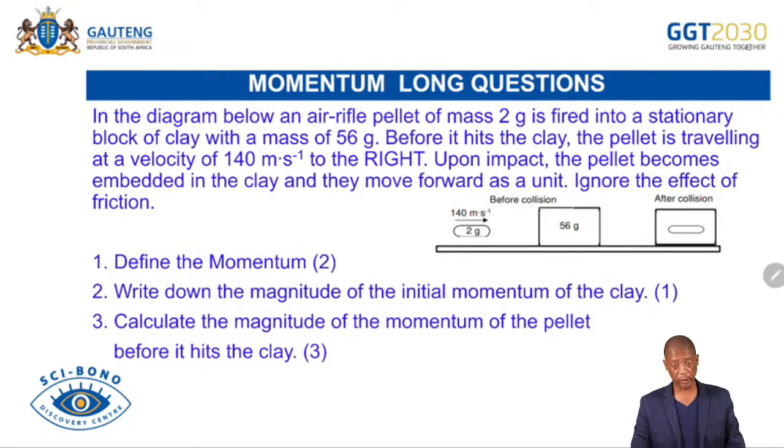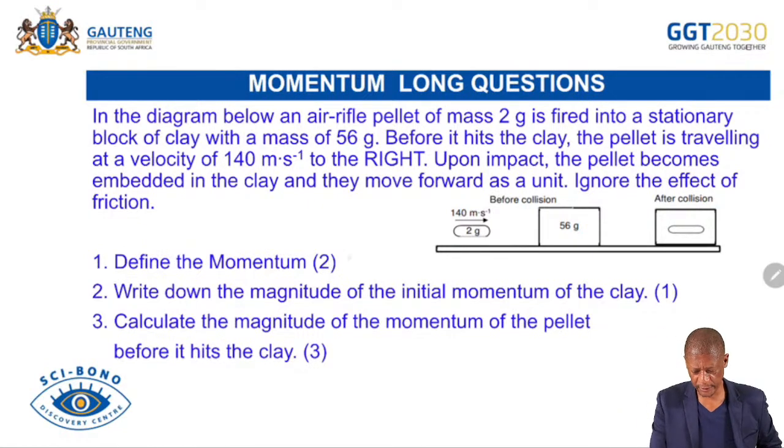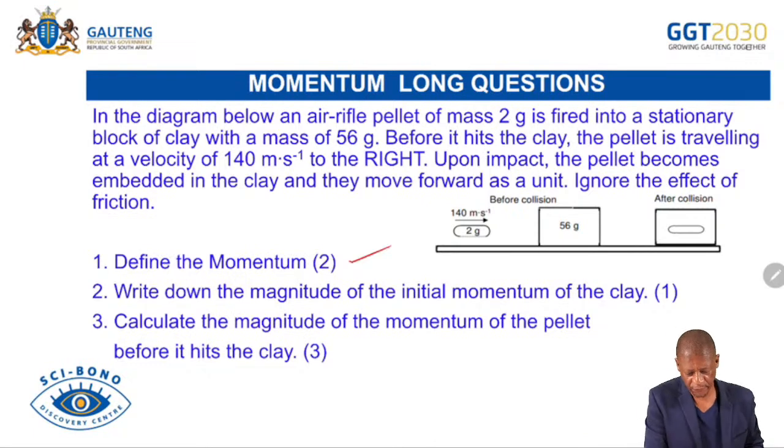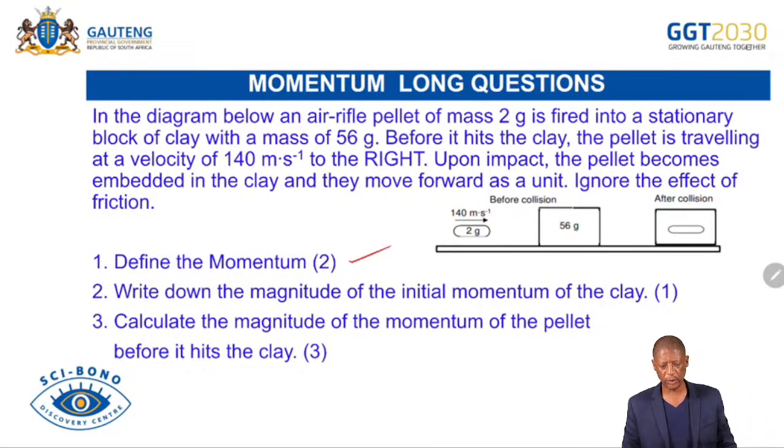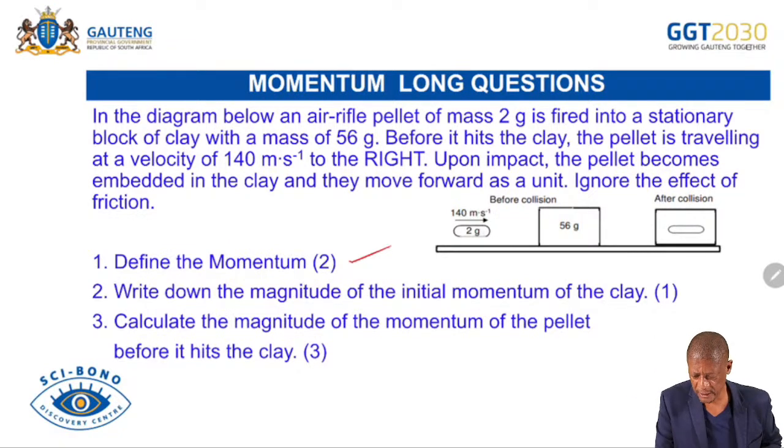These are the long questions coming from the question paper that you need to deal with. Now they want you to calculate momentum. To define momentum is 2 marks. We define momentum. Write down the magnitude of the initial momentum. Now, in terms of this, you've got a block and the bullet.